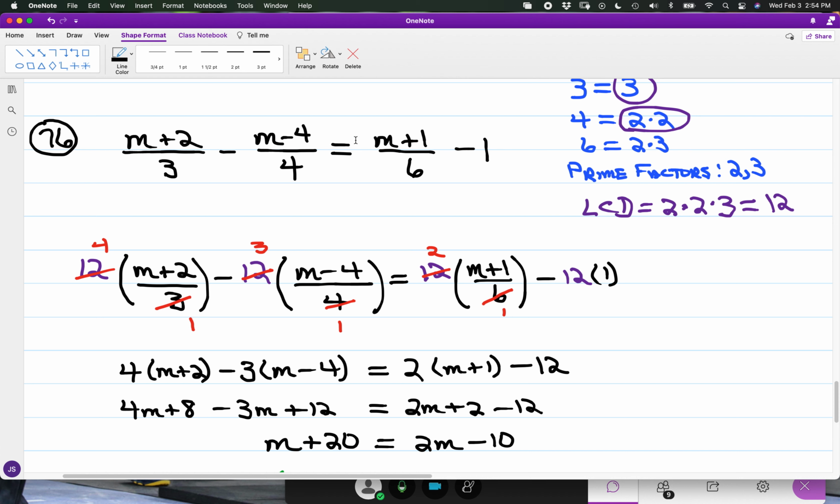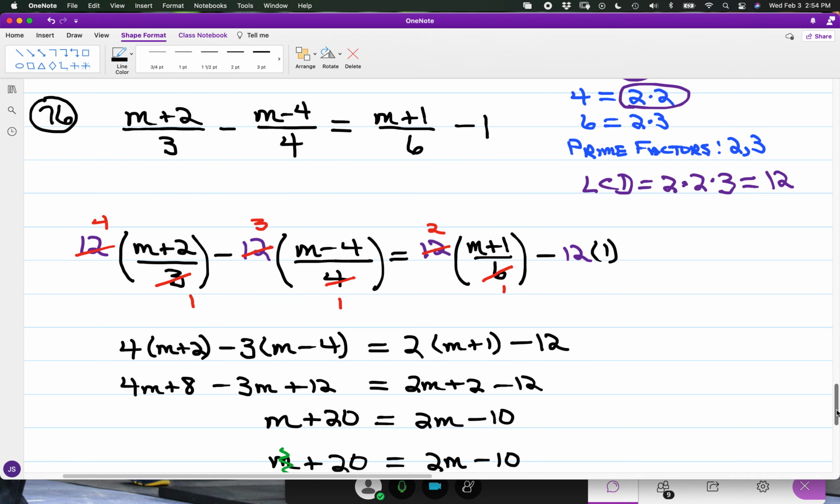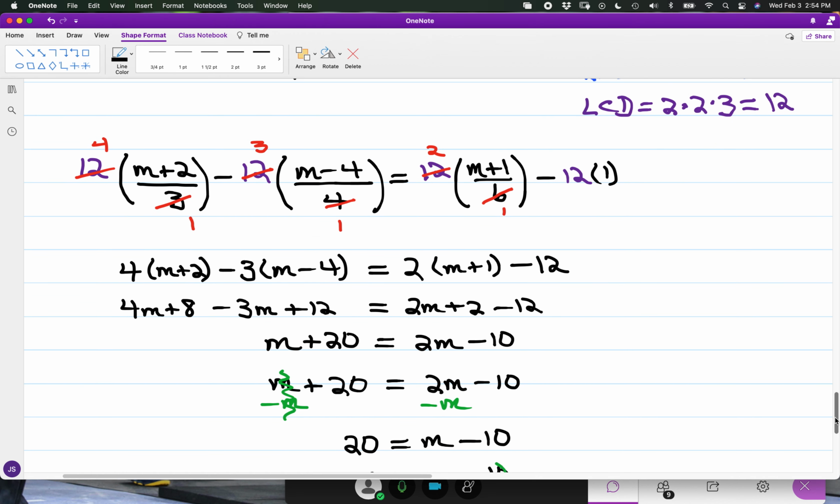So with the equation, the 12 is just for the purpose of clearing out the fractions and having integer coefficients throughout for m.